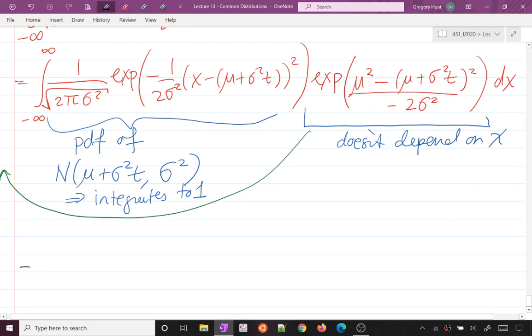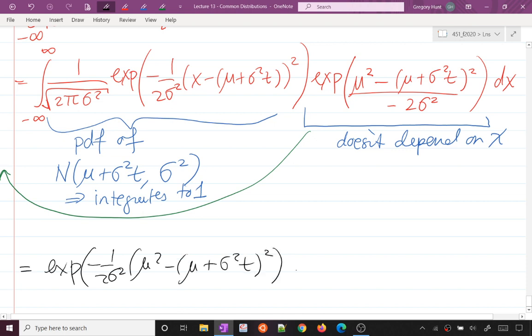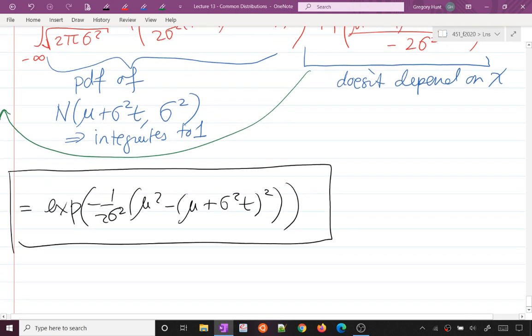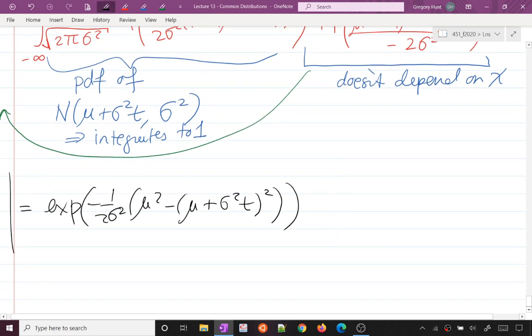All I'm going to be left with is exp of 1 over 2 sigma squared, mu squared minus mu plus sigma squared t squared. That's all I'm left with. And that doesn't involve x anymore. It involves my parameters mu and sigma squared, and it involves my variable t. That, one could say, is the moment generating function. Indeed, it is.